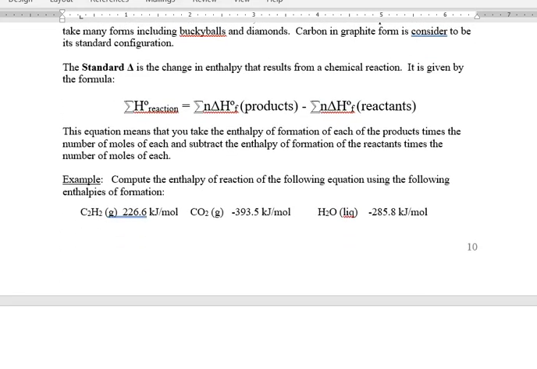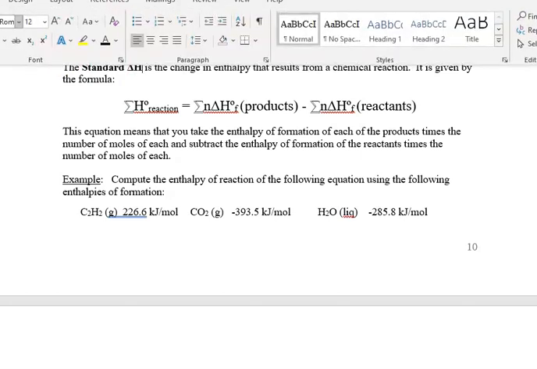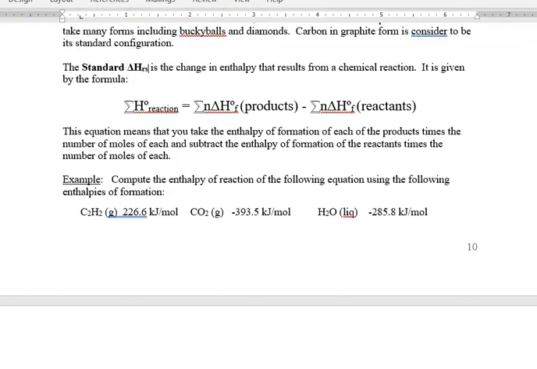Standard delta H is the change in enthalpy that results from a chemical reaction. It is given by the formula. Okay, standard delta H of reaction, and it should have a little circle up there too.